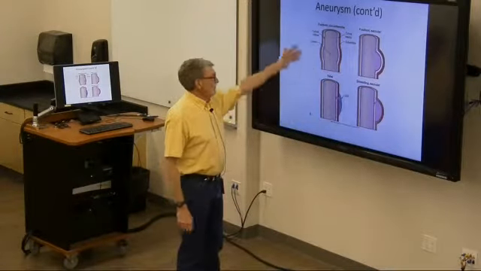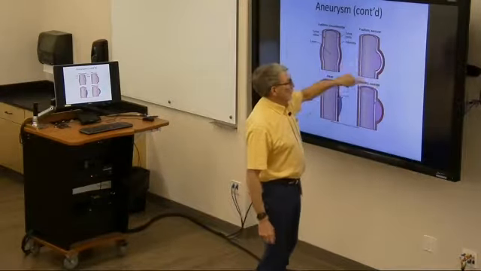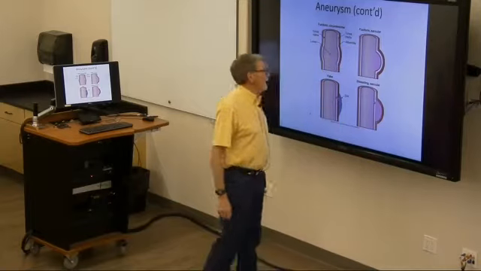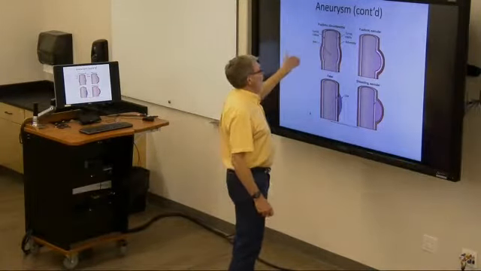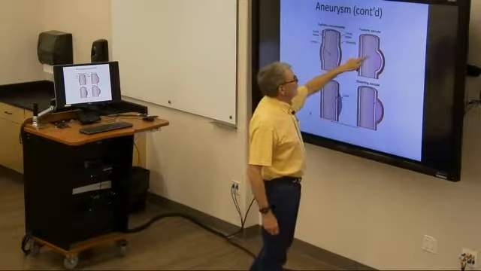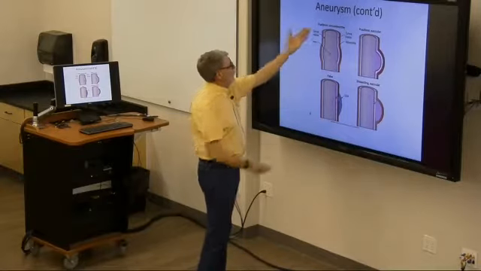Here we have our aneurysms again. It's not showing a berry aneurysm. Remember that sticking out on the side. A fusiform, saccular, I guess this would be a berry if it became big enough. Here's the fusiform. It means all the way around or circumferential.